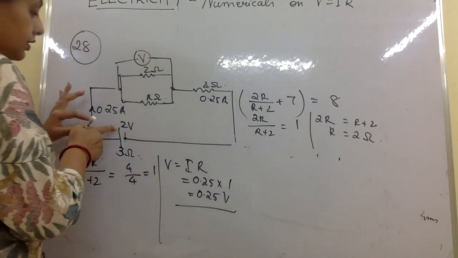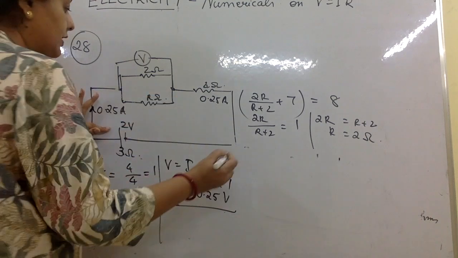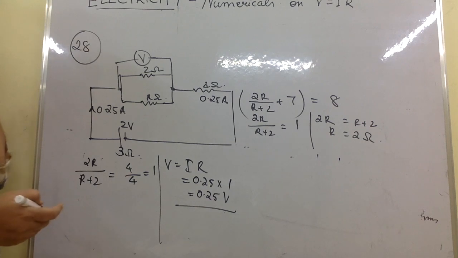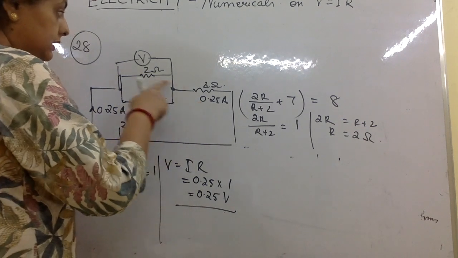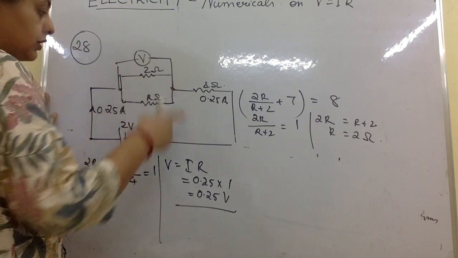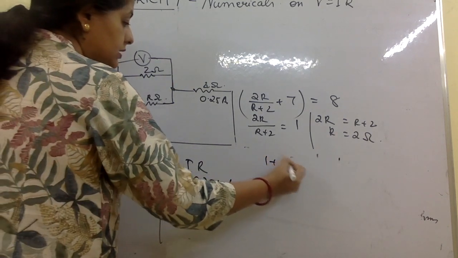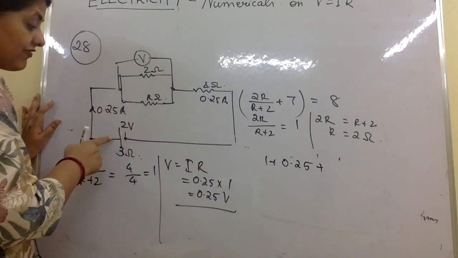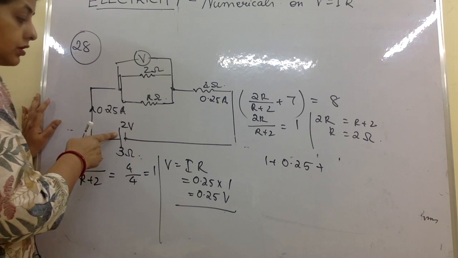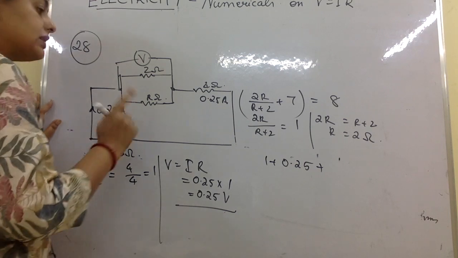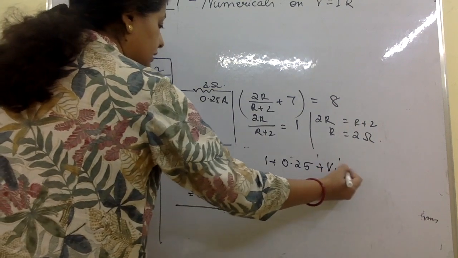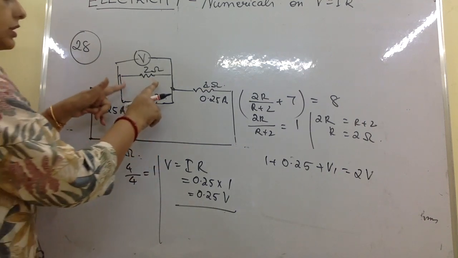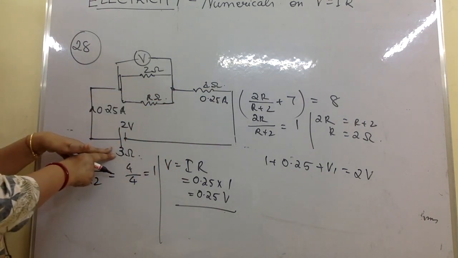Now here, there can be many ways of finding the potential difference. One is, how much had we found? The potential difference across the 4 ohms resistor was 1 volt. This is 0.25 volt. So 1 plus 0.25 plus this one, let us take it as V1, that should make 2 volts. Total means the total potential difference across this plus this plus this is 2 volts.